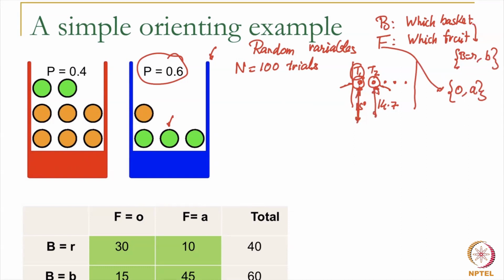Similarly, sample space here is also infinite, but you do have two discrete thermocouples. You could have either picked this thermocouple or that thermocouple. Now, we come here and we ask, what is the probability that the temperature in the first thermocouple was 15 and the temperature in the second thermocouple was 14.7? Okay. So that is a sort of question that we can ask. And that will be similar to the joint probability case that we'll be discussing here.